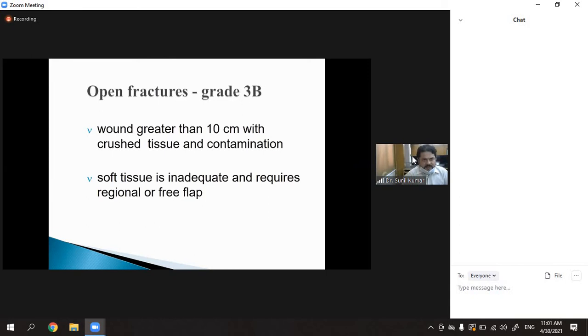In 3B, the wound is greater than 10 centimeters, with crushed tissue and contamination. Soft tissue is inadequate and requires a regional or free flap. The bone is exposed, and there is not enough soft tissue around it to cover the wound, and we will need a regional flap or soft tissue coverage with other methods. So this will be grade 3B.